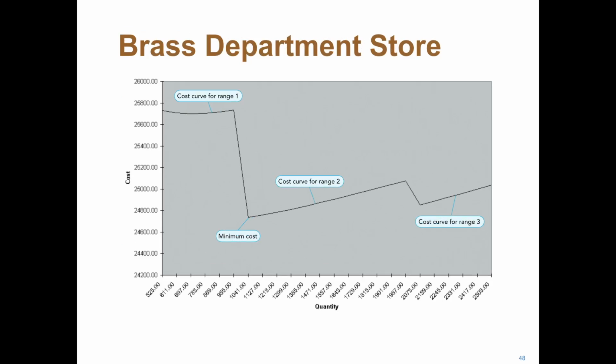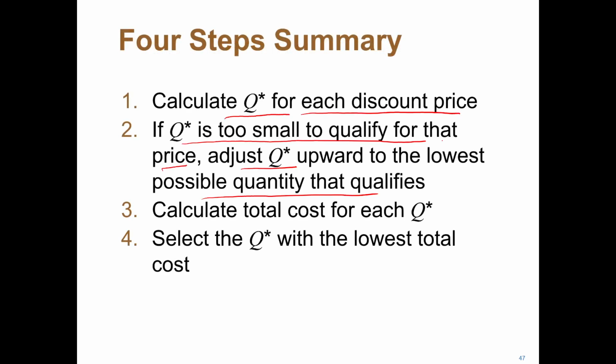Then we calculate the total cost for each Q optimal, having adjusted Q optimal for those where we cannot qualify, and select the Q optimal with the lowest total cost. These are the 4-step summaries involved.